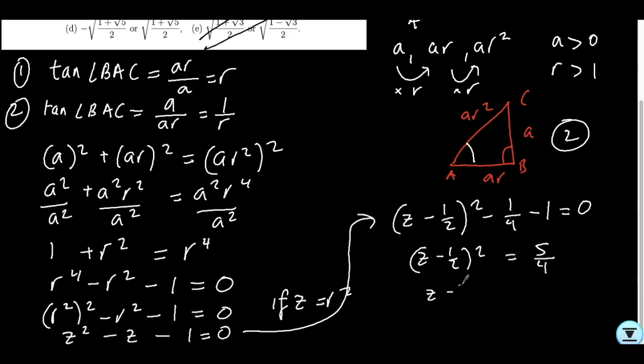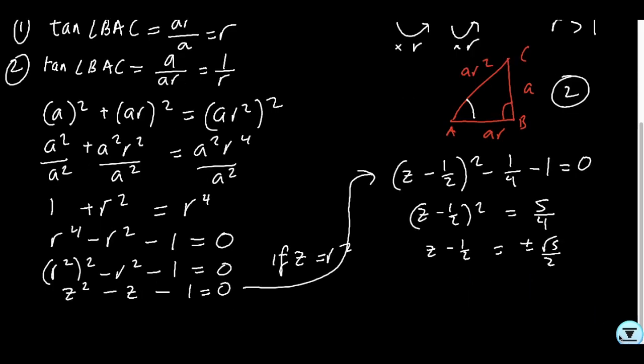And then z minus a half is equal to plus or minus root 5 over 2. But again, we're going to decide whether it's plus or minus in a second. And that gives me z is equal to a half plus or minus root 5 over 2, which is 1 plus or minus root 5 over 2.